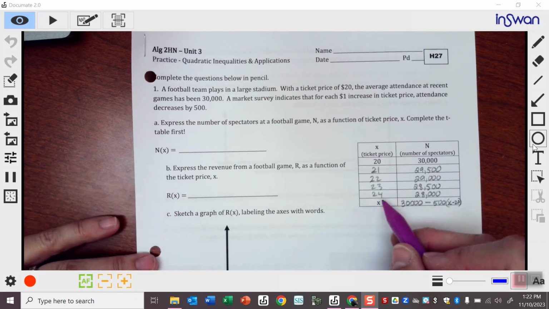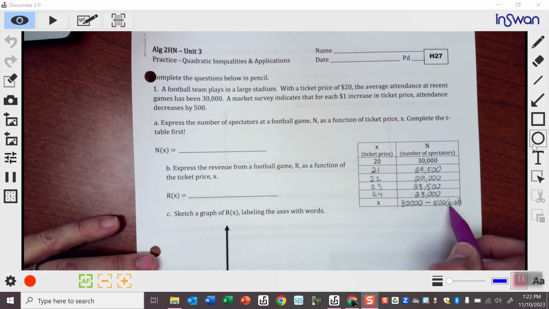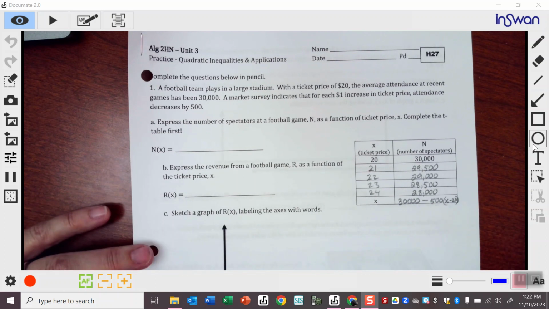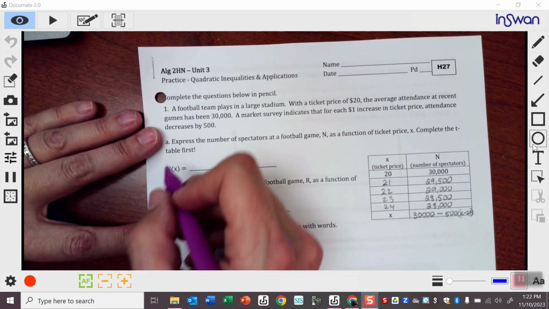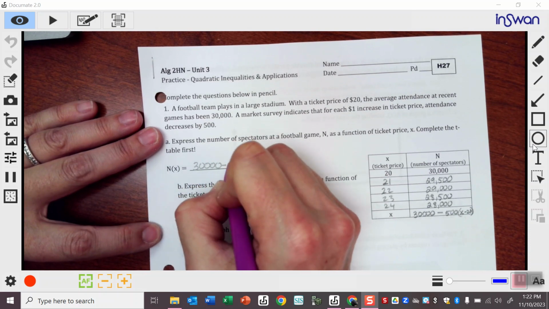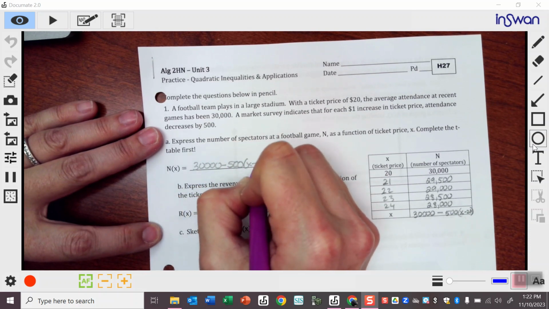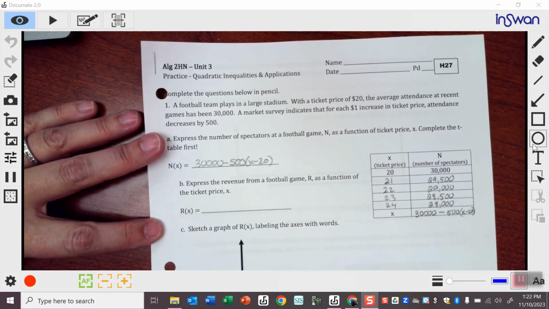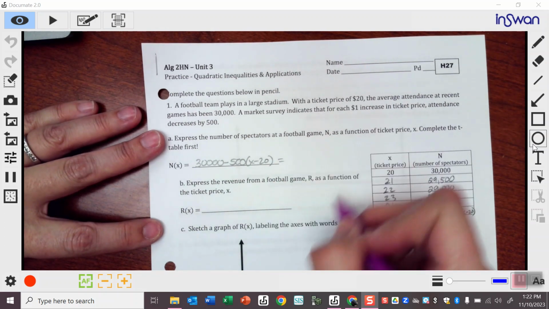So let's try it. Let's put in 24. 24 minus 20 is 4. 4 times 500 is 2,000. And 30,000 minus 2,000 is 28,000. All right, so our n of x is 30,000 minus 500 times (x minus 20). Let's clean that up a little bit because we're going to use it later on.